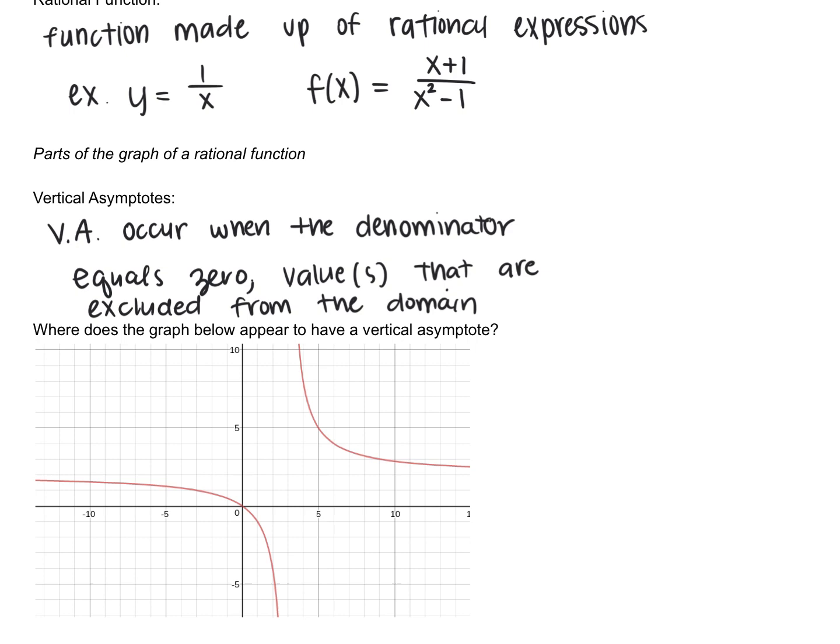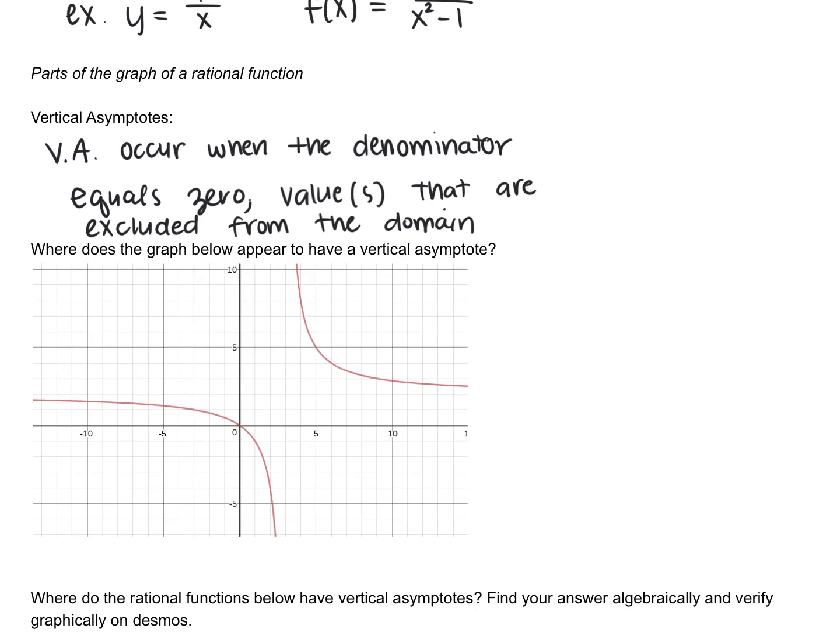So in a graph of a rational expression, when you're looking for where the vertical asymptote occurs, you're looking for where you had to pick up the graph. You're looking for that x value where it approaches that x value, but it never touches it and it never crosses it. So this line here is our vertical asymptote. And vertical asymptotes are always written in the form x equals, because they occur at x values, and then whatever that x value is.